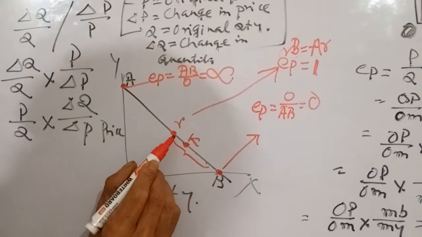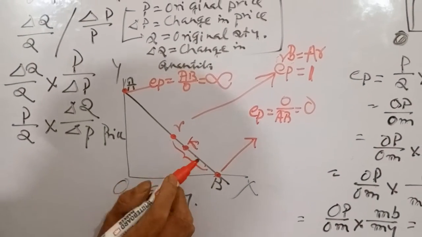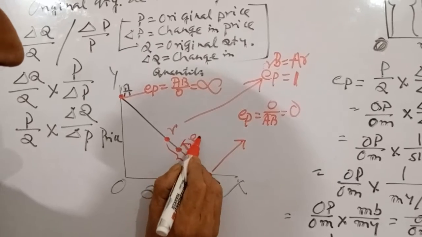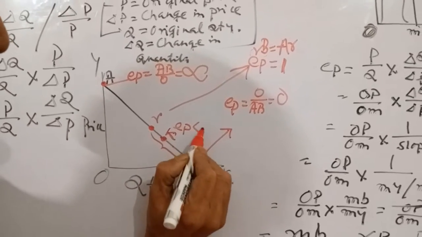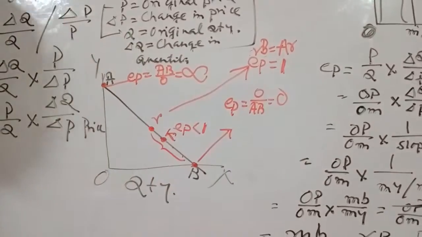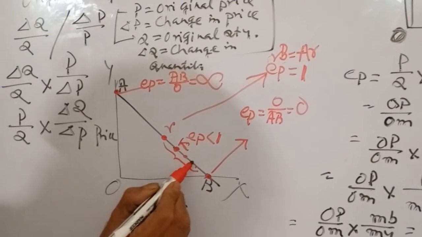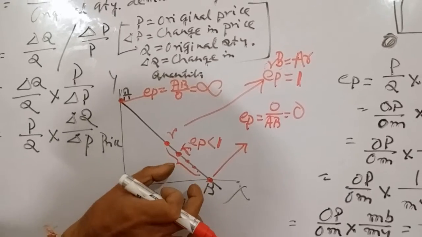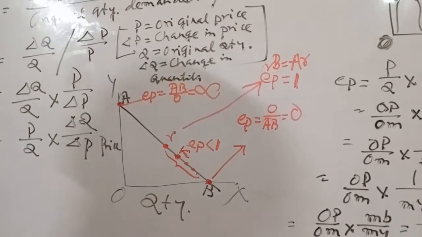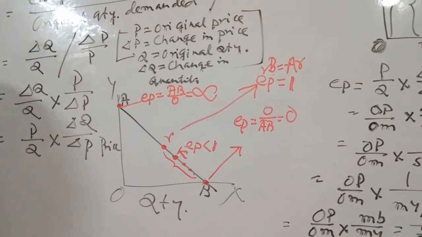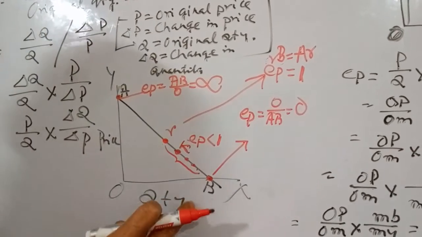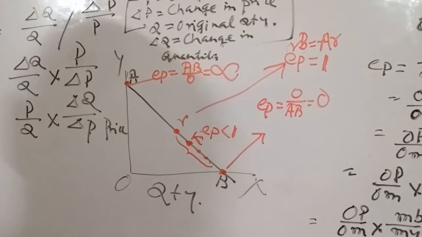So at any point in between R and B, EP is less than 1, because at any point here or here, lower segment is lesser than upper segment.